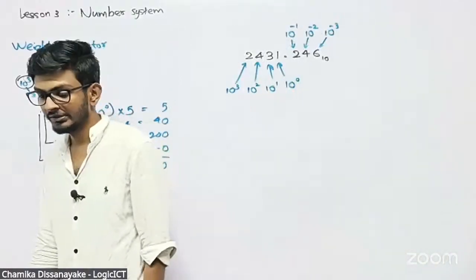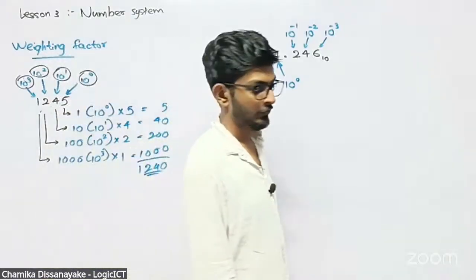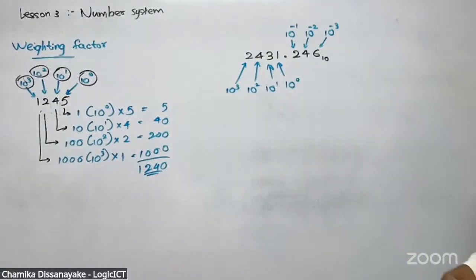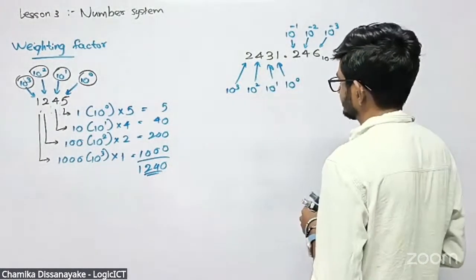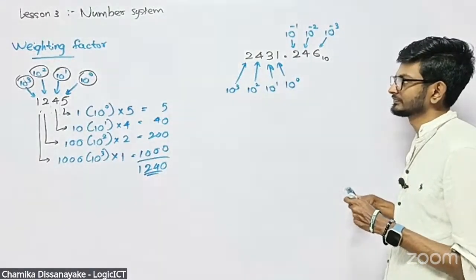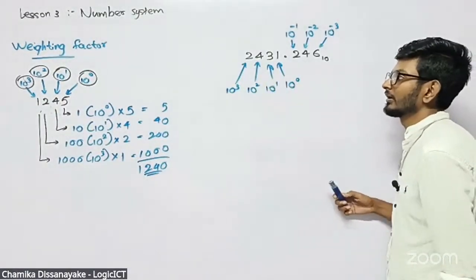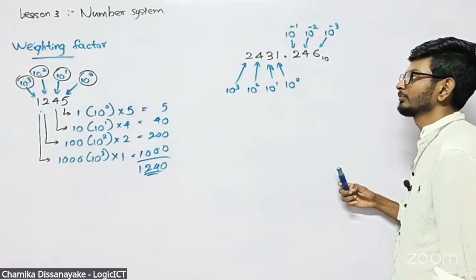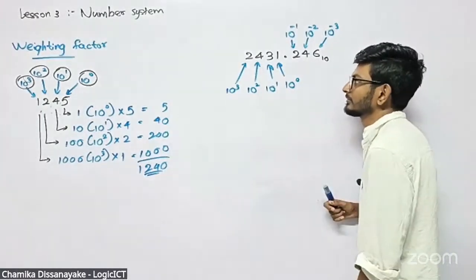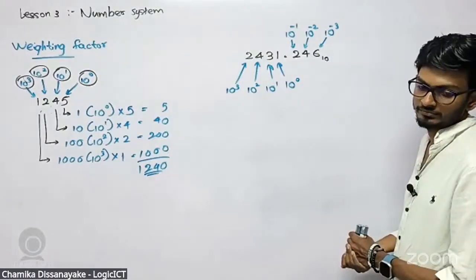Write the weighting factors for the decimal number 2431.246.